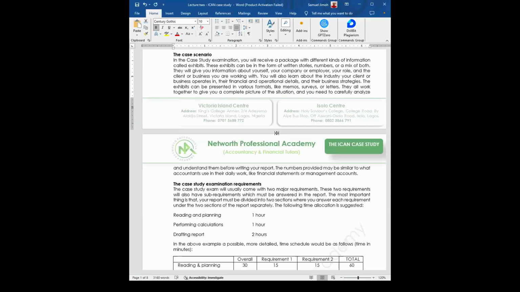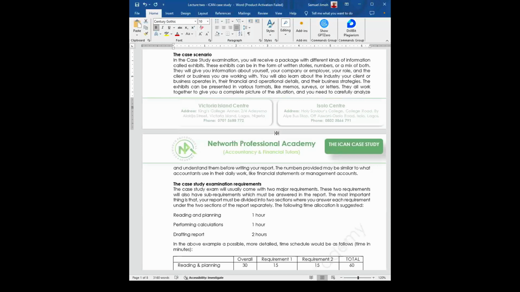You receive the third mail from your boss again, which is about some information about the industry in which the client operates, termed exhibit 3. You receive another mail about the financial statement of the client. We can call that exhibit 4.